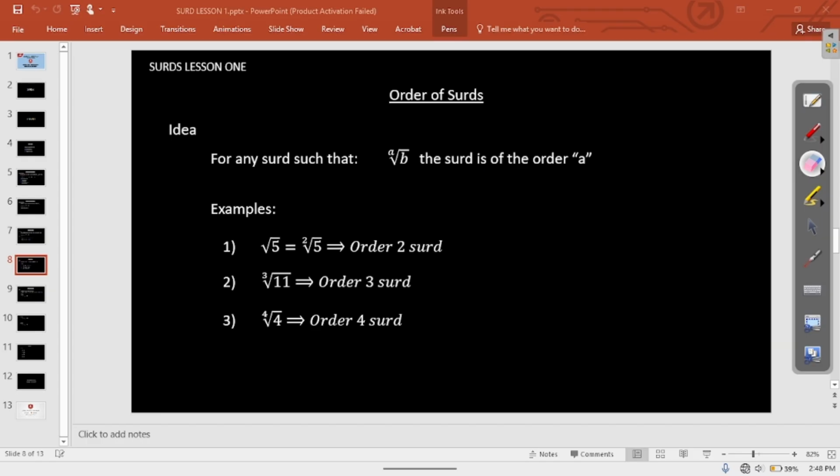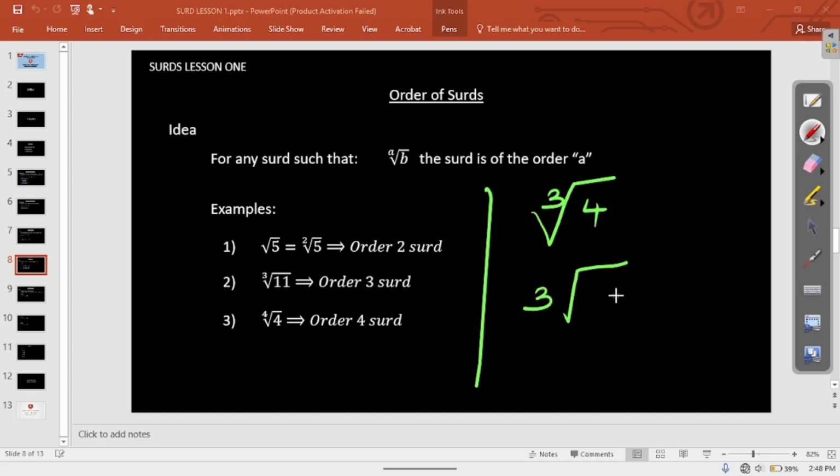It is important to note, however, that the cube root of a number, say the cube root of 4, is different from 3 root 4. These are two different things. So we can't say that the second one is a surd of order 3.